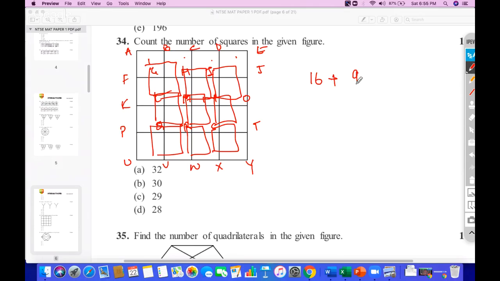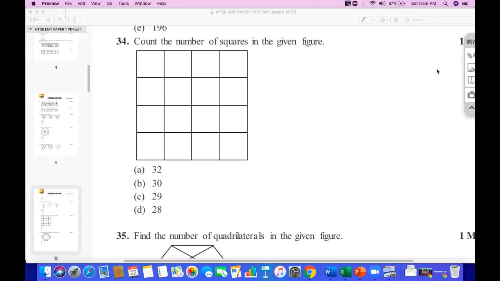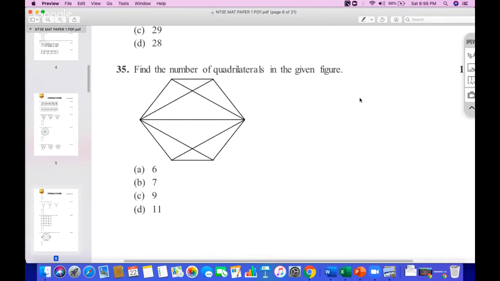So with 2 I have 9. So with 3 I'll have 4. 1, then 2, and then come below 3 and 4. So I'll have 4, and with 4 I'll have 1. So this gives me 30. So answer is 30. So let me go to another question, which is question number 35. Solve this.